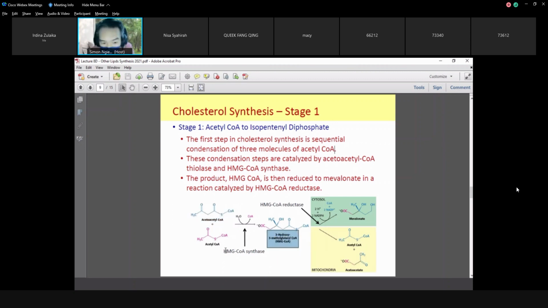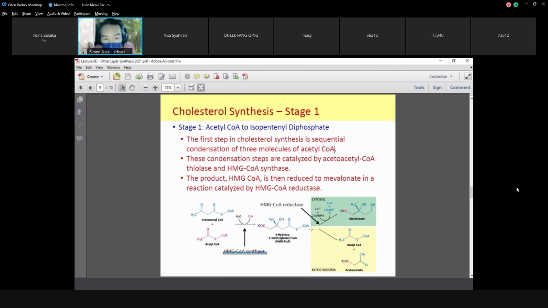So take note, this is the enzyme responsible for converting this into the six carbon HMG-CoA. The product produced is then reduced to mevalonate in a reaction catalyzed by HMG-CoA reductase, an enzyme that is involved here.